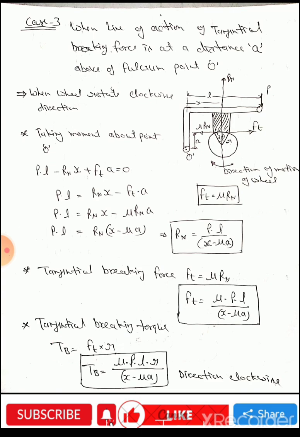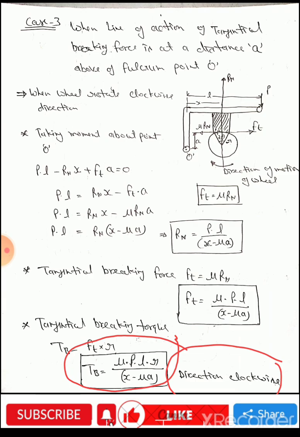Putting the value of tangential braking force into the tangential braking torque equation, we obtain the value of TB, tangential braking torque, equal to mu PL r upon (X minus mu A). Here the direction is clockwise.